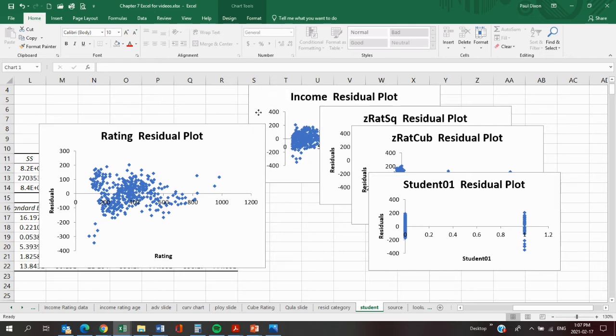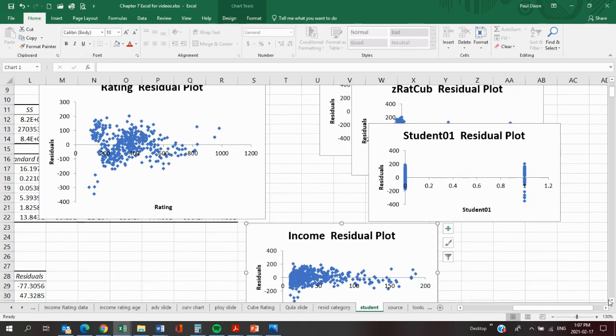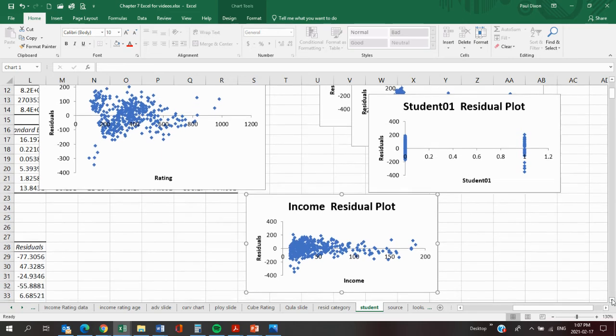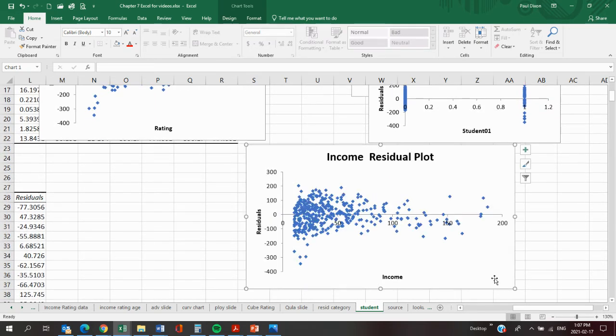And if I take the one I had for income, let me bring it down here so we can see it. There's so many of these guys. And make it bigger. This is a nice scatter centered around the line, but I've got 4 or 5 points down here. They're a little bit odd.